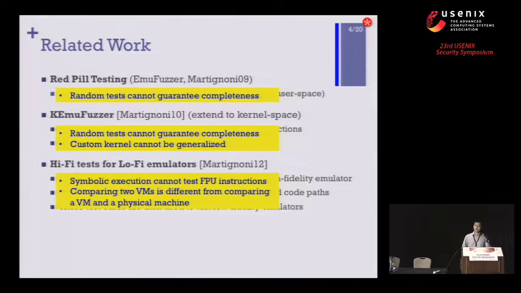In the third related work, symbolic execution cannot test floating point instructions at this moment. So this is the main drawback. And this paper compares 2 virtual machines, which is different from comparing a virtual machine and a physical machine. If these 2 virtual machines have the same defects, their test will fail to find these differences and thus the corresponding pills.